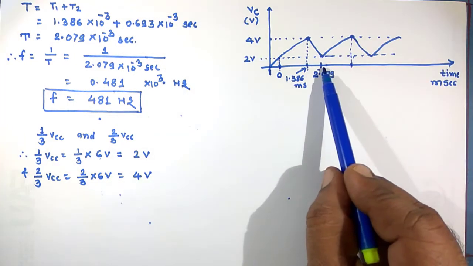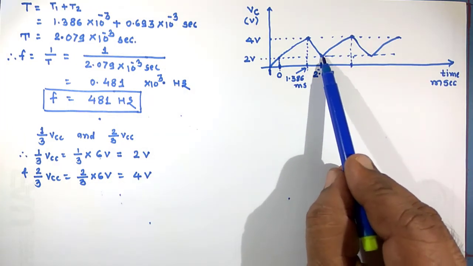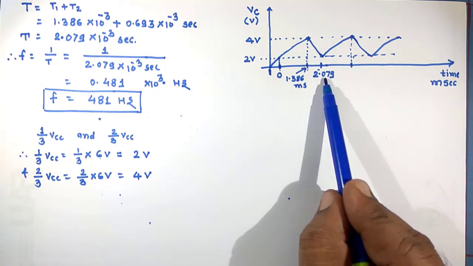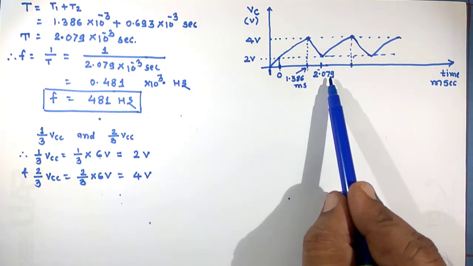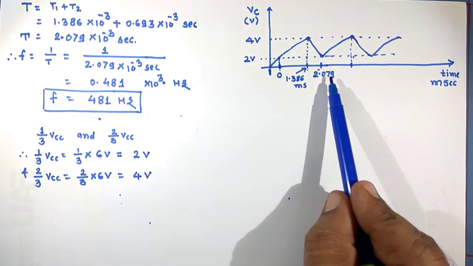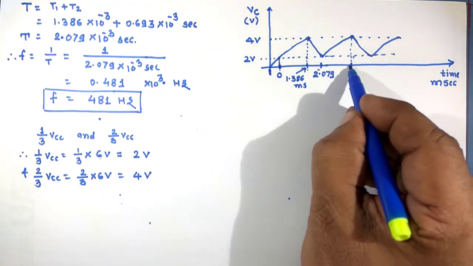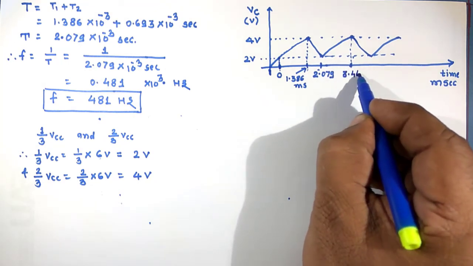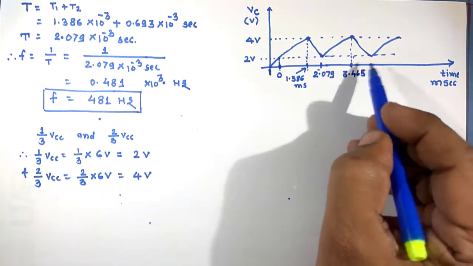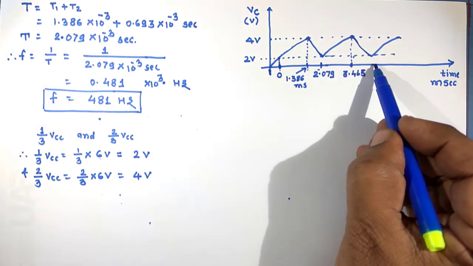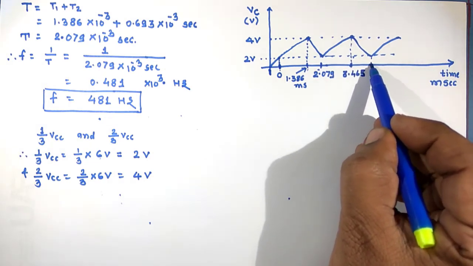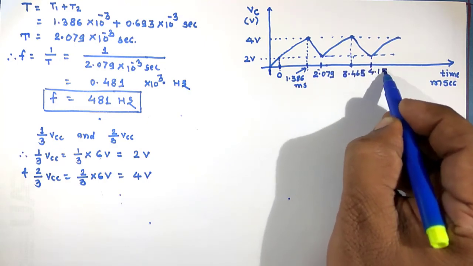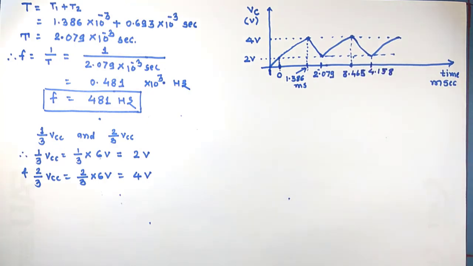In time t1, capacitor charges from 2 volt to 4 volt, that is 2.079 plus 1.386, that is this time is 3.465 millisecond. Again next 0.693 it will discharge, so this is 4.158 millisecond.